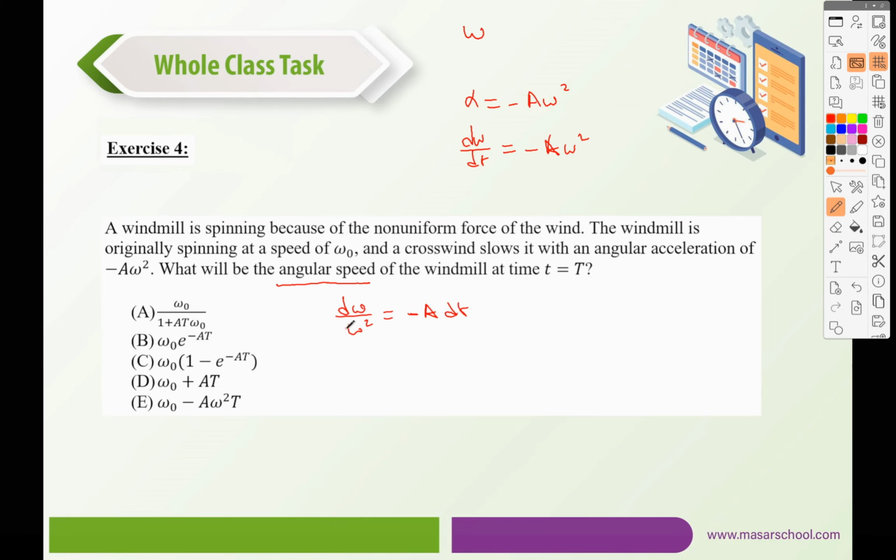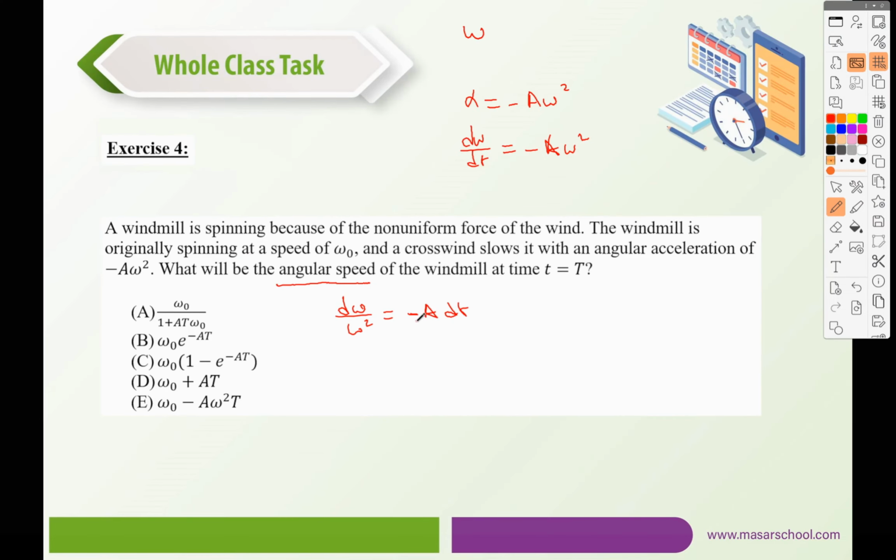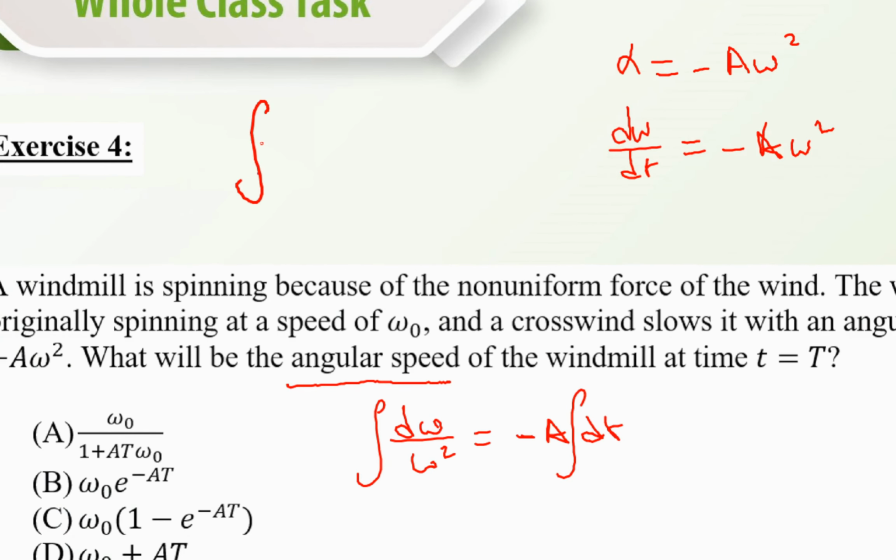Now the minus a can be set on the left hand side or on the right hand side because we're assuming a to be constant. Now we can integrate on both sides. Now what is the integral of d omega over omega square? This can be done by utilizing it as a power function, omega to the minus 2 d omega.